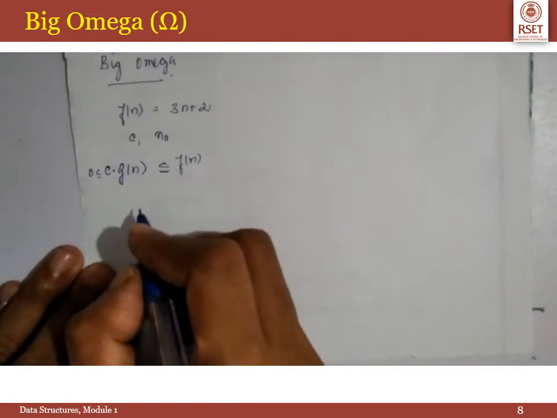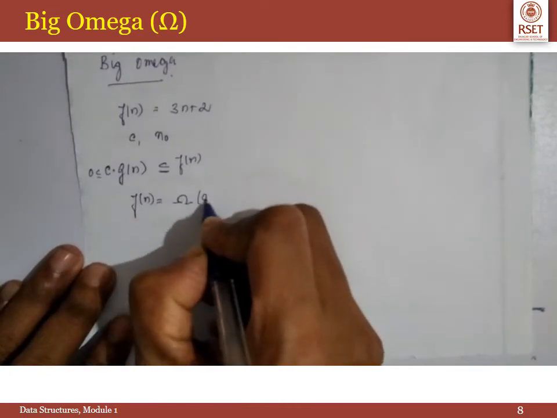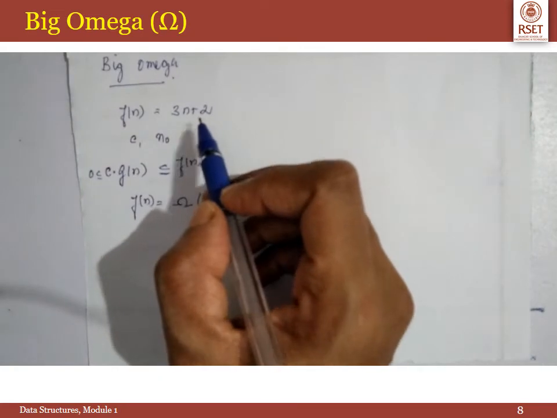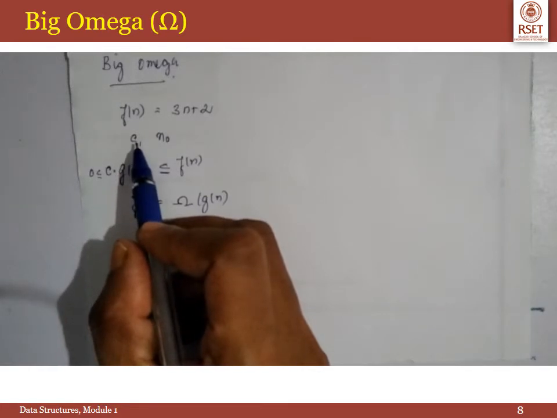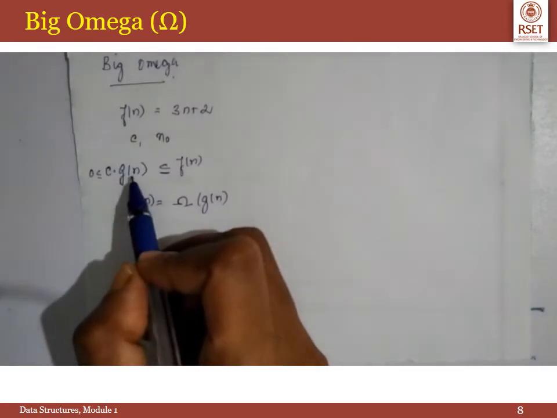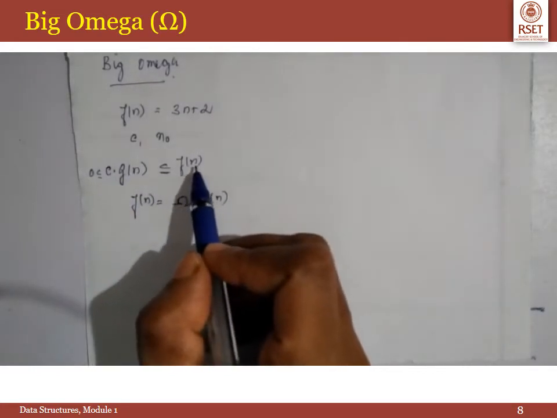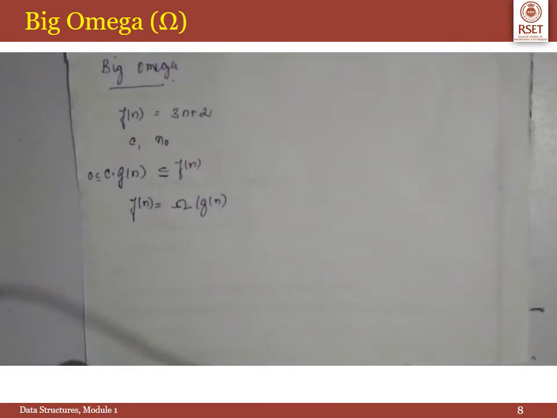Then I can write f of n as omega of g of n. So for your function f of n, if you are able to identify another function g of n such that there exists a positive constant c such that c into g of n is always lesser than or equal to the function f of n, then I can write f of n as omega of g of n.